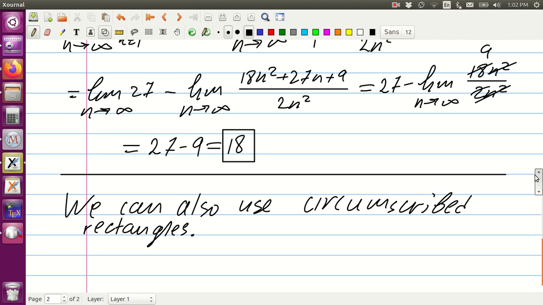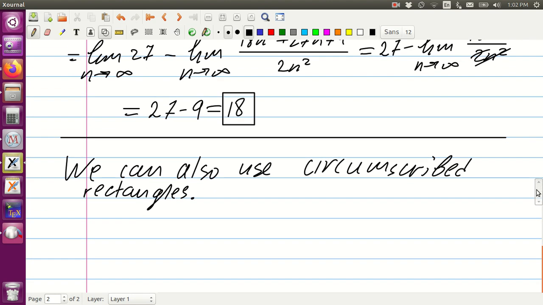Right, so basically to use circumscribed rectangles, instead of taking the minimum, we're going to take the maximum values of f of x.